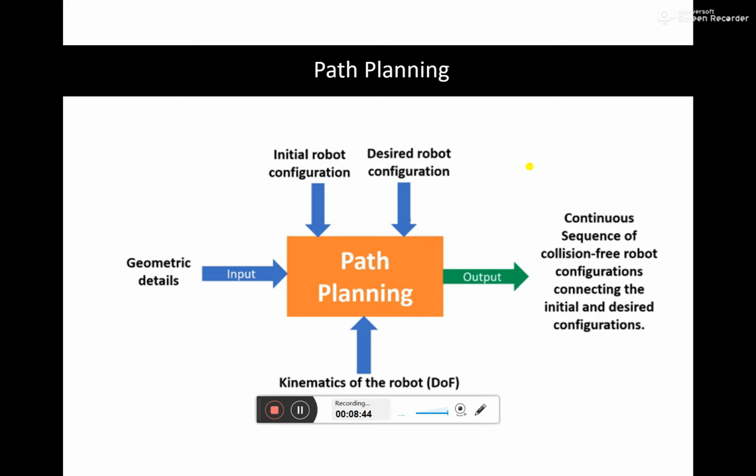Based on the shape and the robotic configuration, we will plan what type of movements have to be performed. That movement should be within the limit of that robotic configuration. If your robot has all three linear joints, within the constraints of a linear robotic configuration, you have to plan the path.